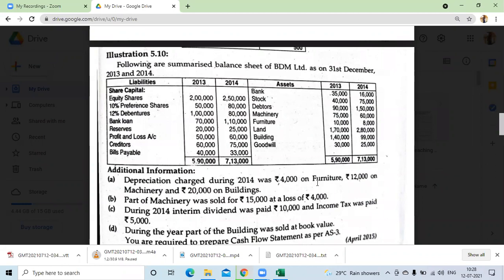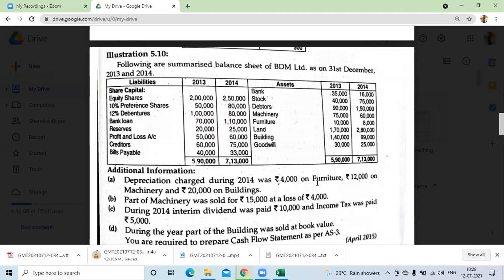Interim dividend and income tax paid. Do you require any ledger for this? No, ma'am. It is a self adjustment. We will show self effects because for interim dividend and income tax paid, we don't have any related item in the balance sheet.